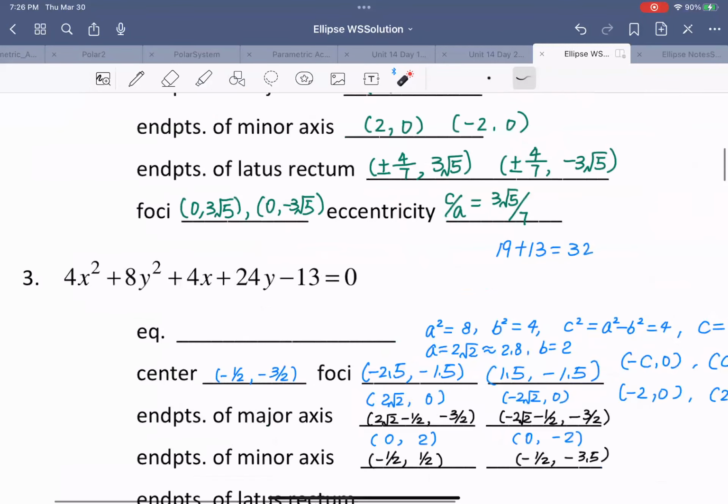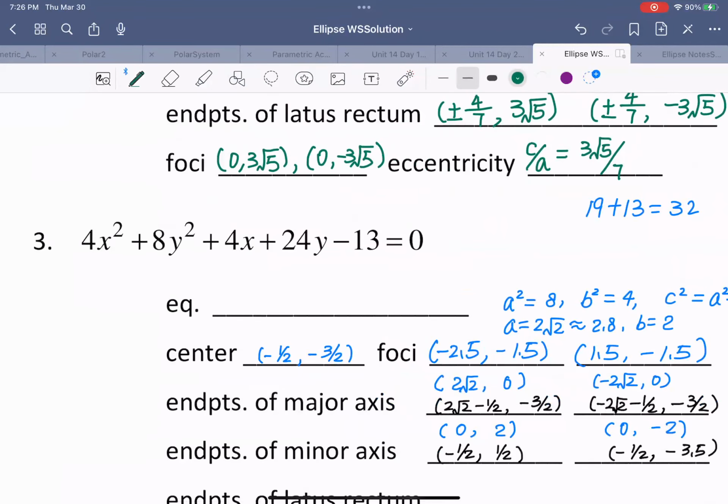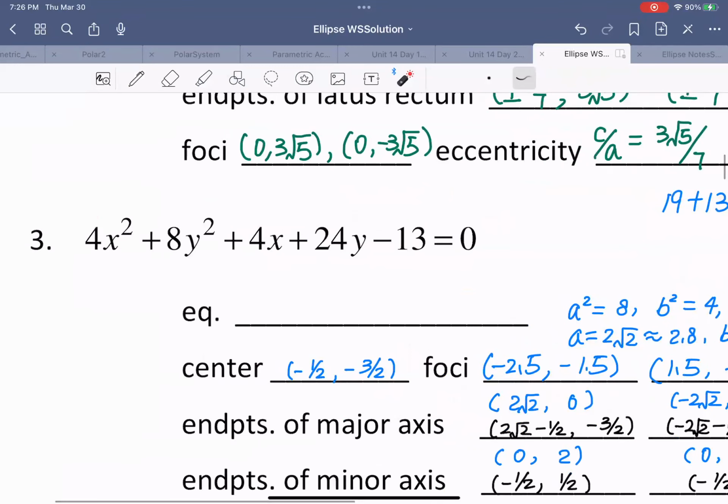Hey, Christina, let's go. Let's do this. We want to take care of x first. So we pick 4 out. So this becomes x squared plus x, because there are 4x.